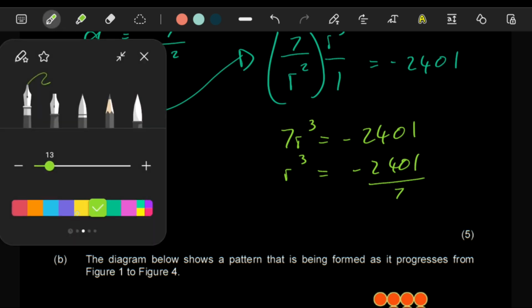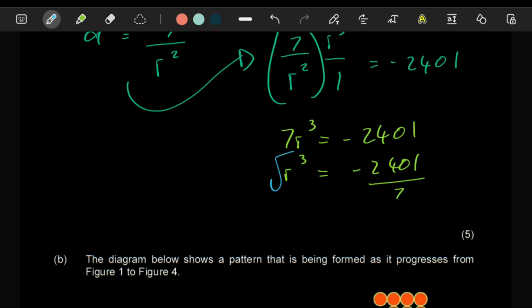Now you have to cube root both sides. Remember, if it's a cube root, it doesn't matter if the value is negative, it will still work out. The only issue with a negative is if you're square rooting.